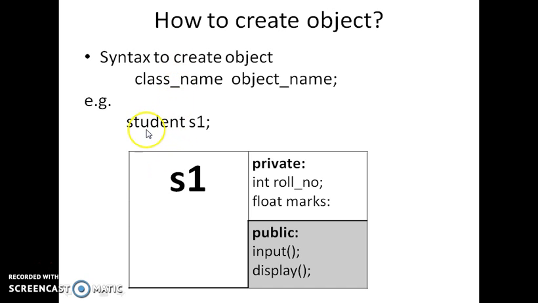That means if I define s1 of student type like I had defined x of integer type, the variable s1 will be created, and in that variable there will be two sections. One will be private and the second will be public. In the private section there are roll number and marks, and in public there are the input function and display function.